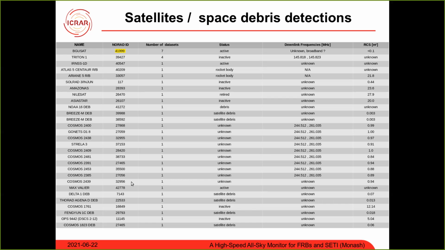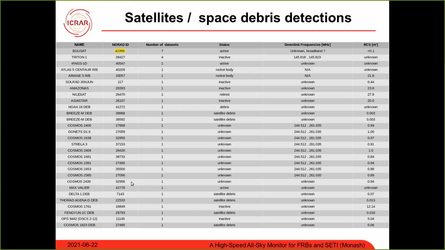And some other satellites seem to have a bit of spillover from their nominal frequencies, such as Triton 1, for example, observed in 4 data sets, but at a frequency which is not far from its nominal frequency. And other satellites were also observed, but just in 1 data set, with more than a single point.